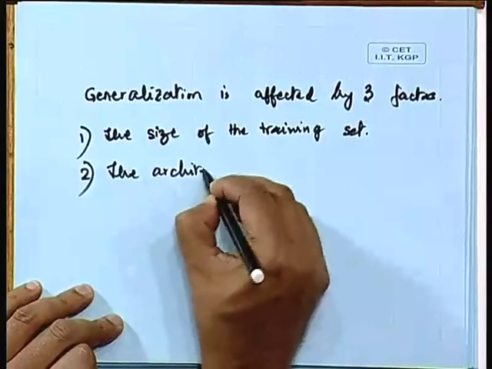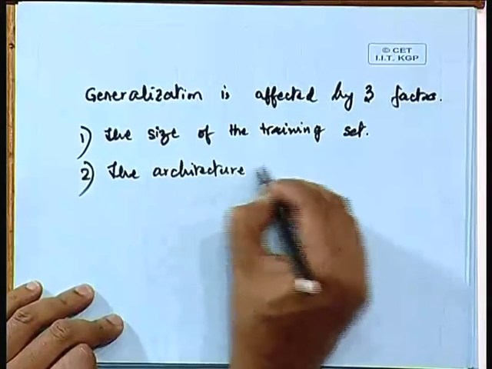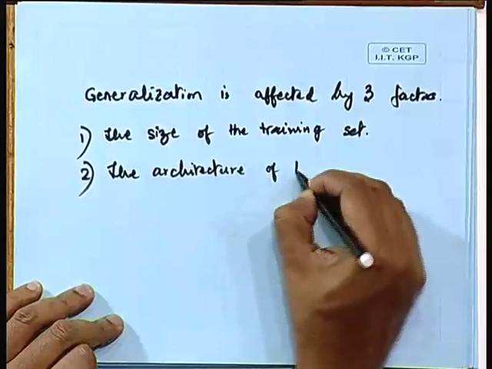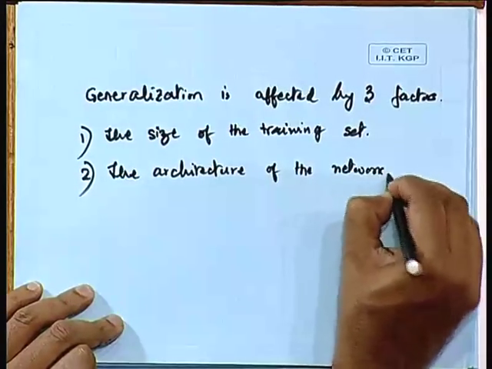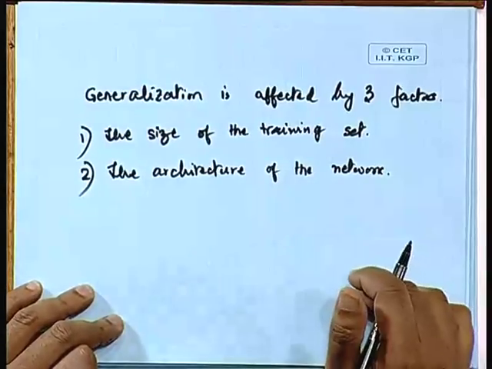It may be that your training set is fixed, but you can go through different architectures. For example, in the backpropagation algorithm for multi-layer perceptrons, you can design the architecture in different ways. You can have different numbers of hidden layers, and different numbers of hidden layer neurons in a hidden layer.